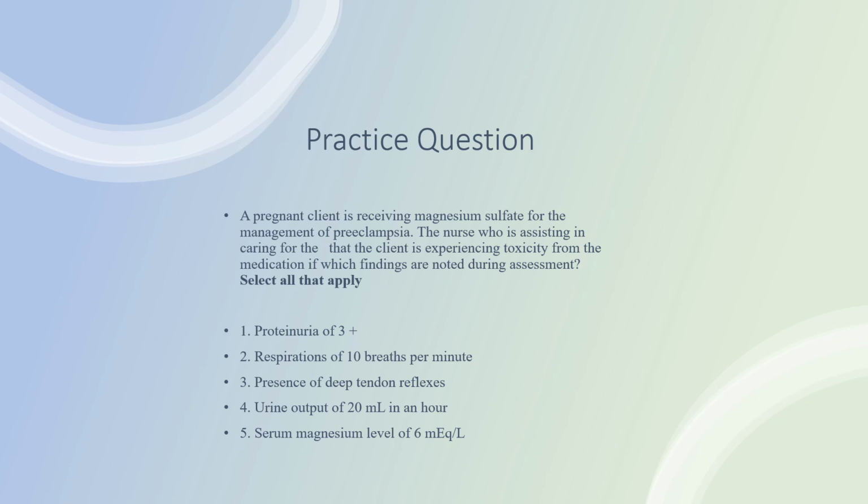Pregnant client is receiving magnesium sulfate for the management of preeclampsia. The nurse who is caring for the patient notes that the client is experiencing toxicity from the medication if what findings are noted. Okay, so basically she's caring for this person that's receiving magnesium sulfate, and she is looking for things that would show that the patient might be experiencing toxicity.